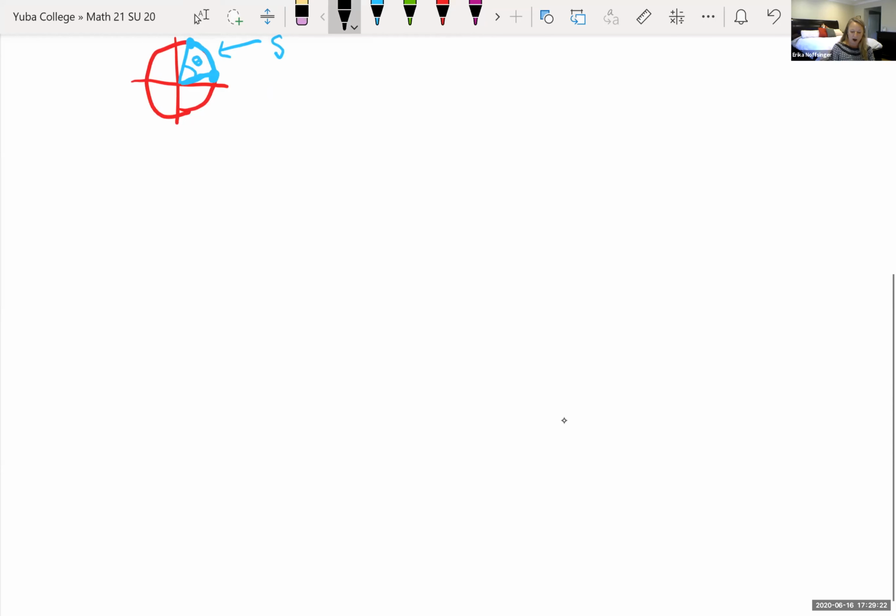Okay, so recall in geometry, we could find the area of a circle. A is equal to pi times the radius squared. So let's think of this with proportions.